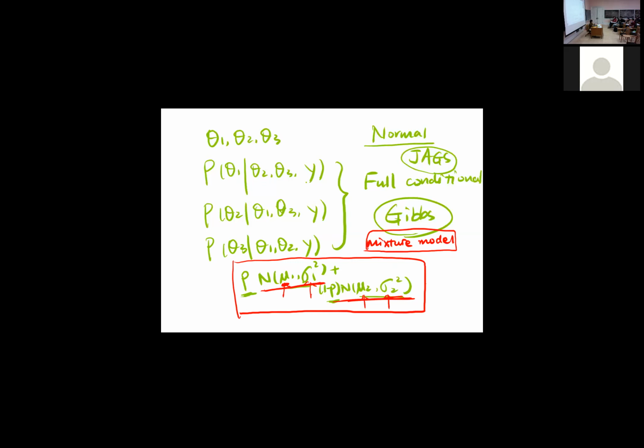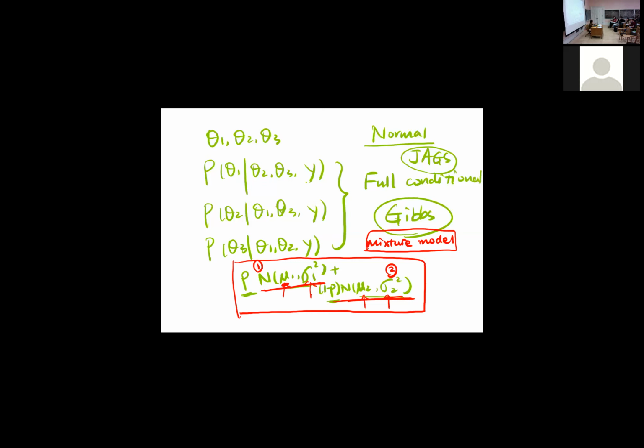So if you think about it, this is my first component, the first normal, and this is my second normal, okay? If I run through my MCMC, how am I supposed to know that they won't switch at some point? This is actually an issue with mixture models most of the time.